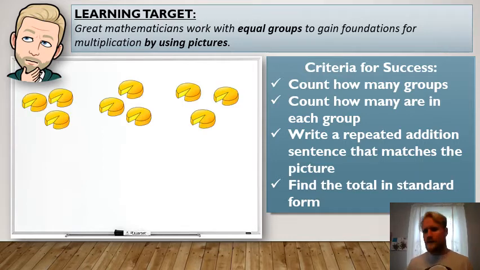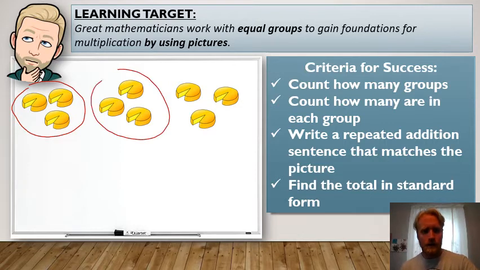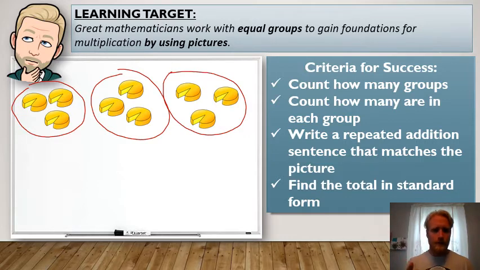All right, here we have some delicious looking wheels of cheese. The first thing we have to do is break them into equal groups. How could we break these into groups? You guys have a great idea. All right, I see I have 1, 2, 3 groups, and each group has 1, 2, 3 wheels of cheese.